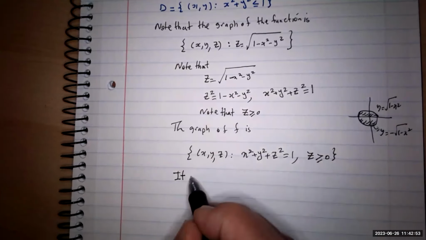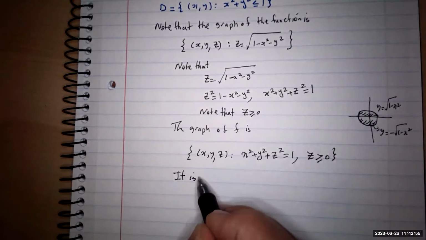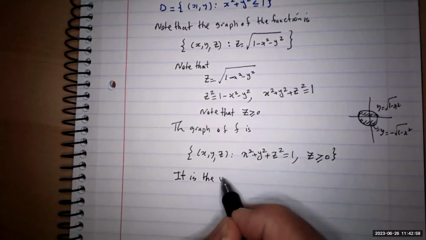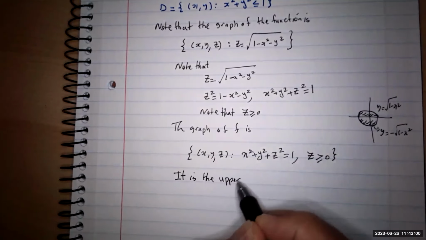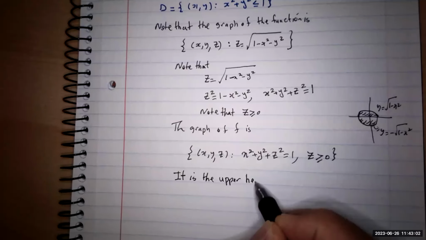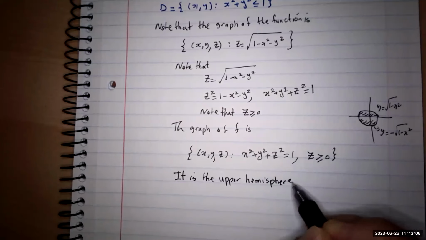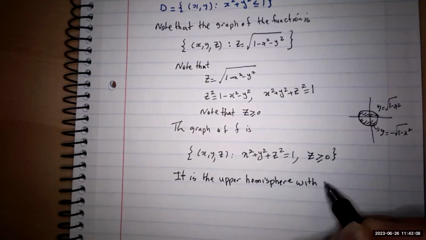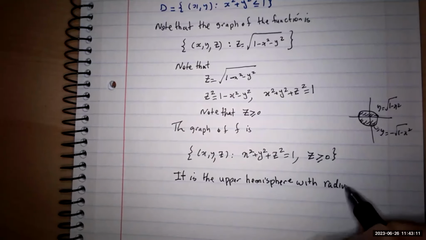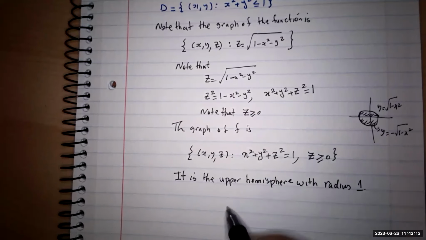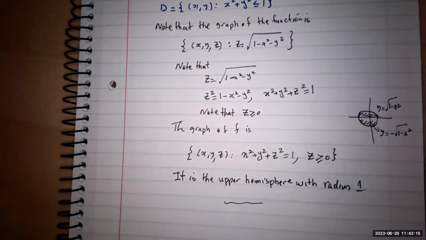So it is the upper hemisphere, with radius 1. It's a very popular domain, again, for integration at the end of the course.